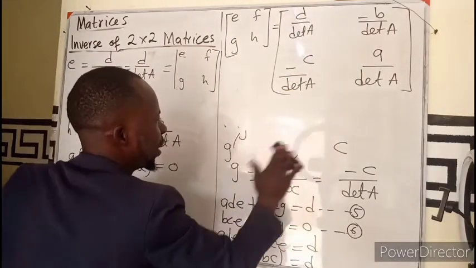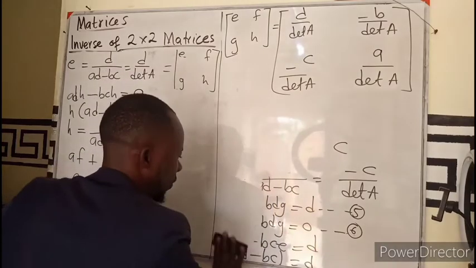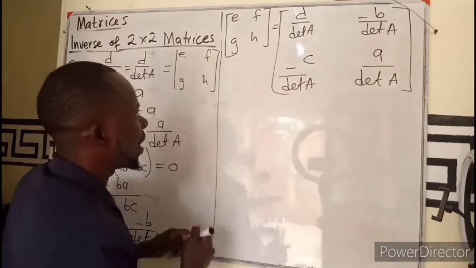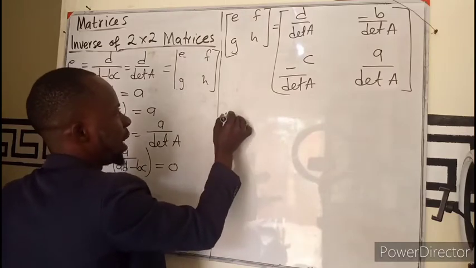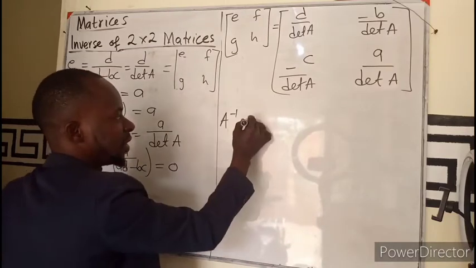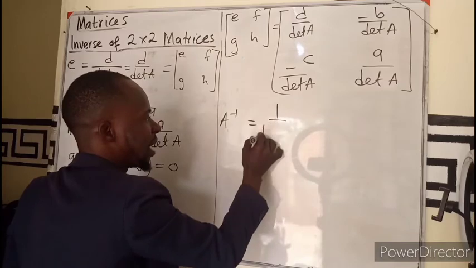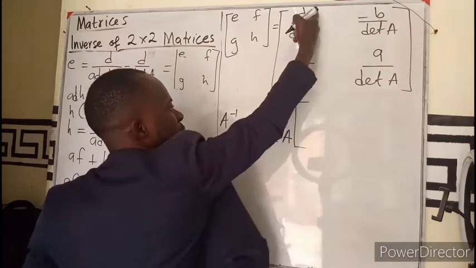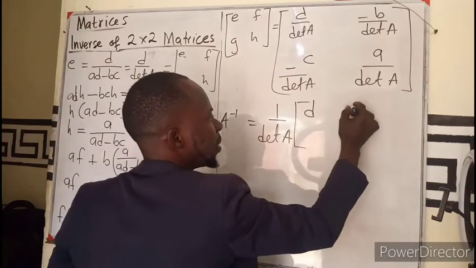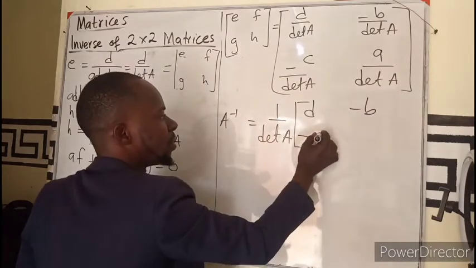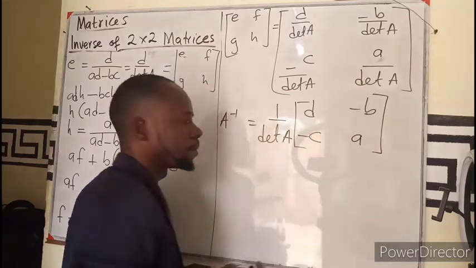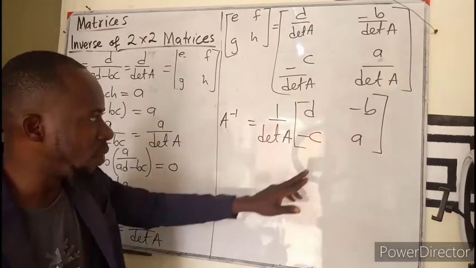So if I factorize this, I'll be having 1 over determinant A multiplying only D, minus B, minus C and A. That is the only thing I'll be left with.